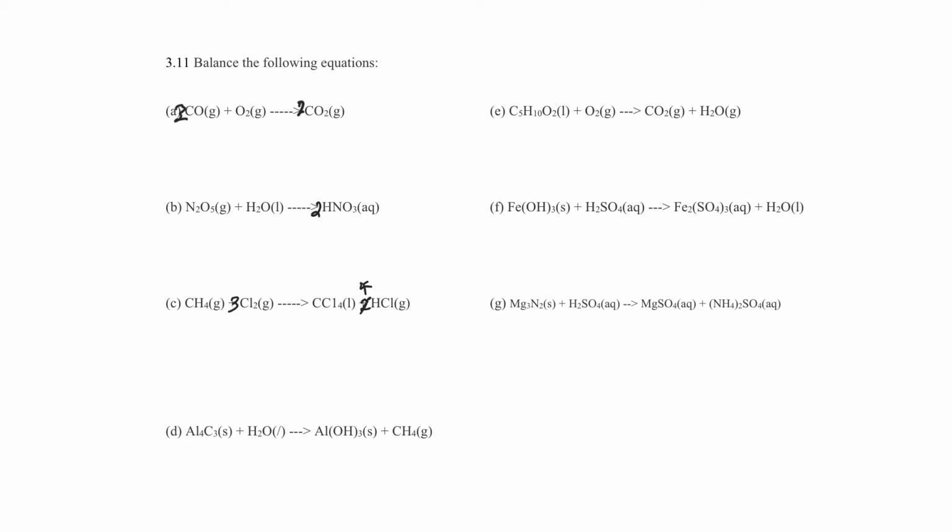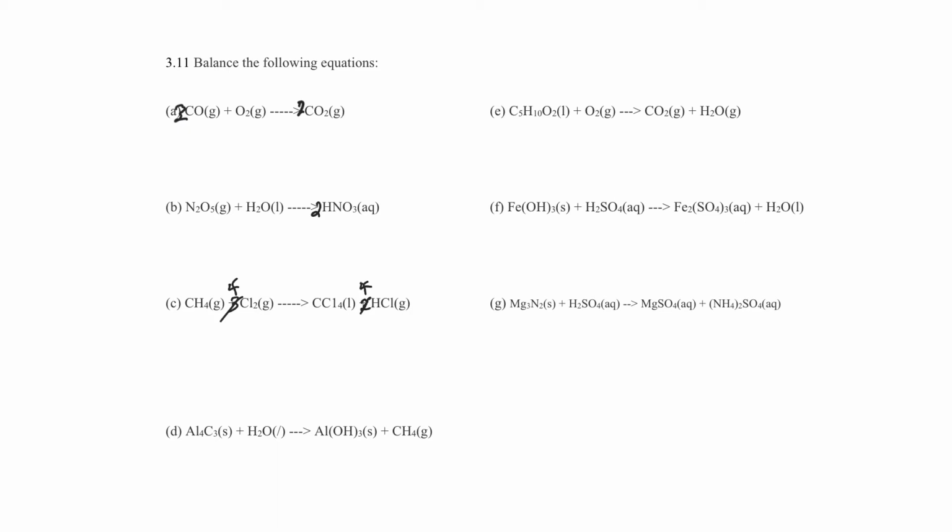So I've got 4 chlorines on the right, 2 times 4 on the left. And so your answer is going to be 1, 4 yields 1, 4. 1 methane, 4 chlorine gas yields 1 carbon tetrachloride plus 4 hydrochloric acid. You see, it's a back and forth, back and forth, back and forth. All right, next one.